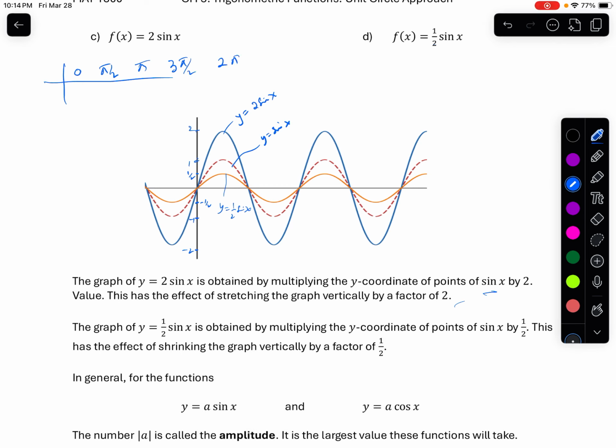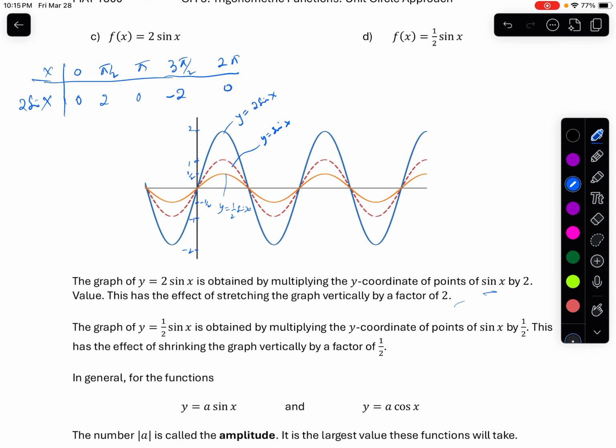The value at 0 was 0, so 0 multiplied by 2 gives us 0. At pi over 2, the value was 1, sine of pi over 2 is 1, and multiplied by 2, it becomes 2. At pi, it was 0, so multiplied by 2, it was 0. At 3 pi over 2, it was -1, so multiplied by 2, it makes it -2, 0 again.